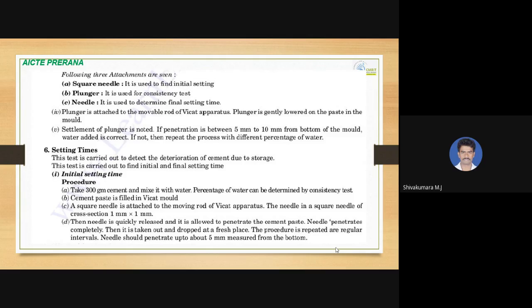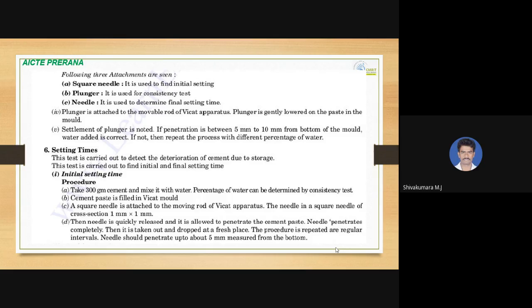These are all important properties of cement, initial and final setting time, which will control the duration of mixing, transportation, placing, and finishing of cement concrete and all. Initial setting time is the time elapsed between the moment at which water is added to the cement and the moment at which the cement starts to lose its plasticity.